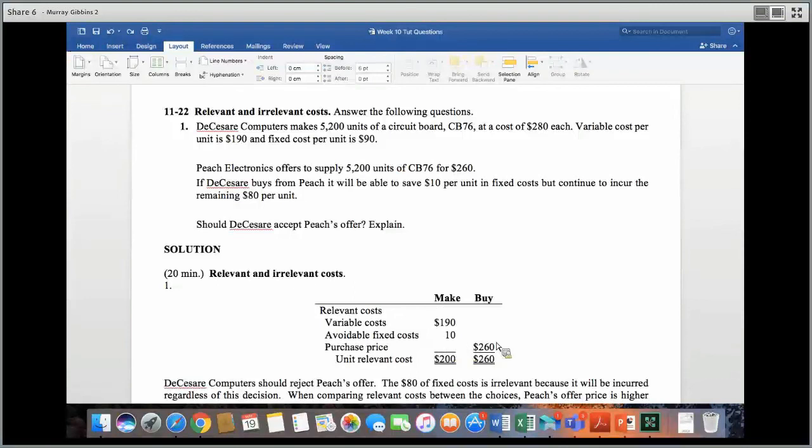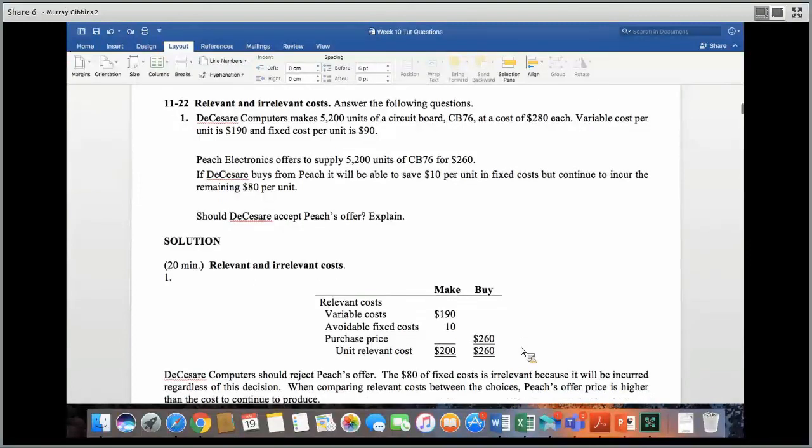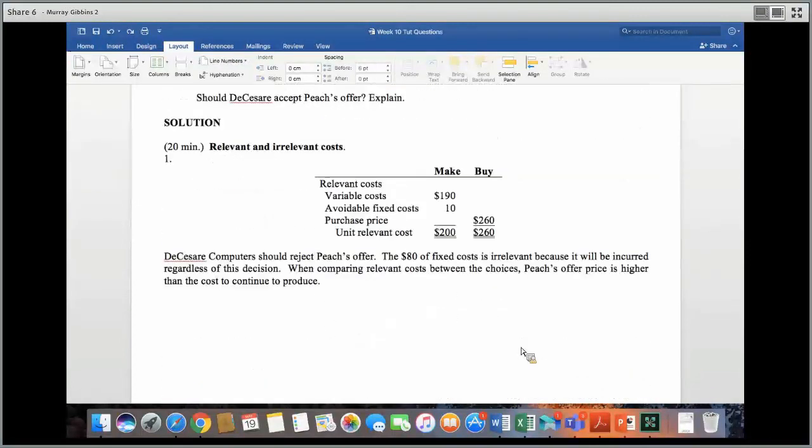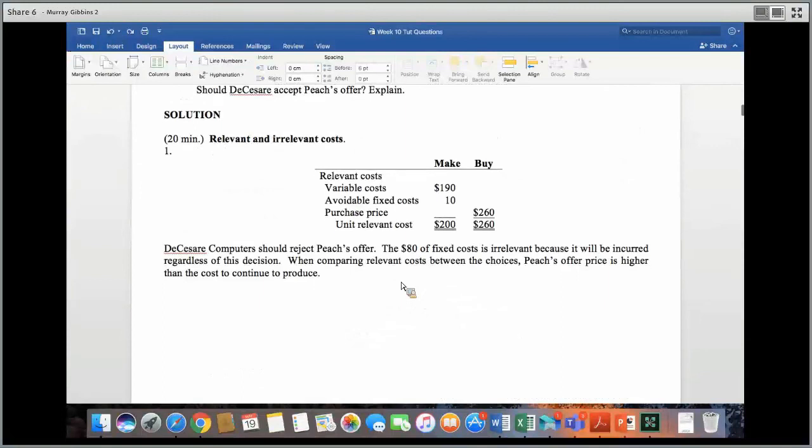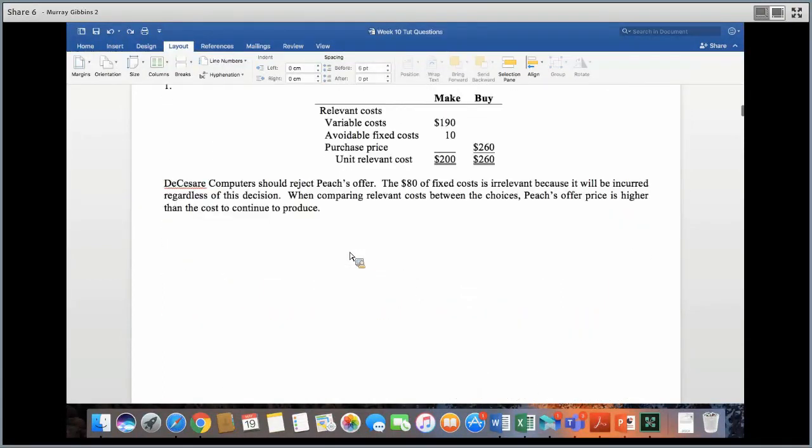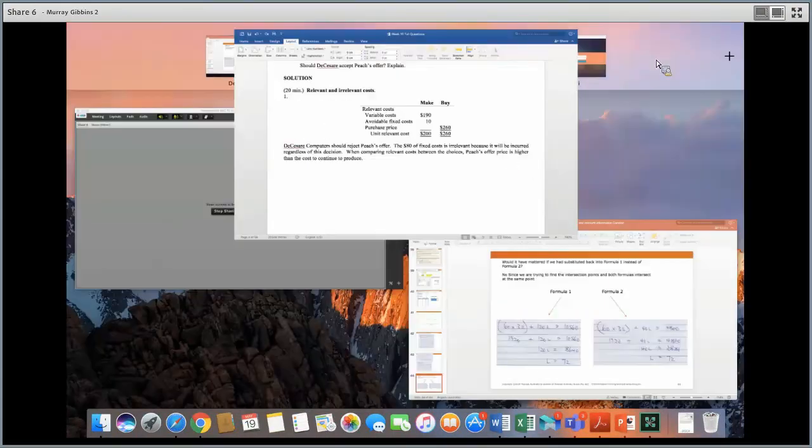But the unavoidable fixed cost, the $80, really doesn't come into play, because it's there whether we buy or make. We can leave it out of the equation. So to make it is $200, to buy it $260. Clearly, it's better in this instance with the data that we have to make it rather than buy it.